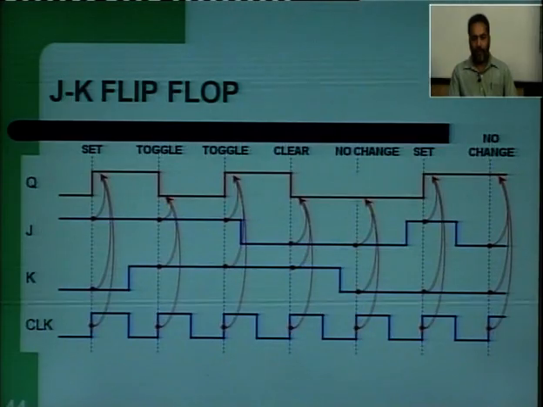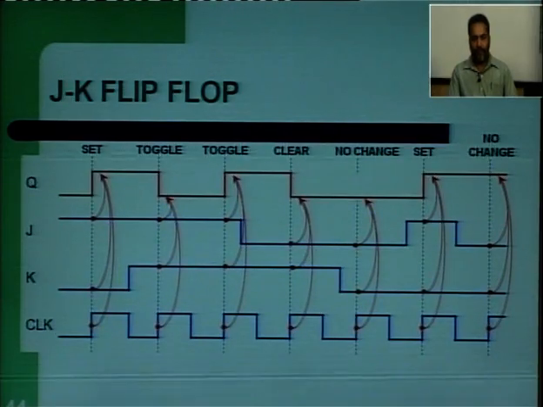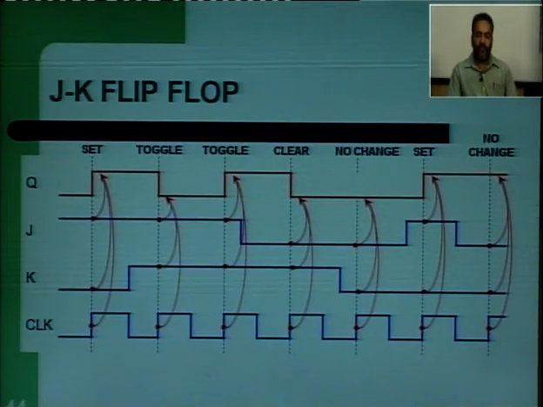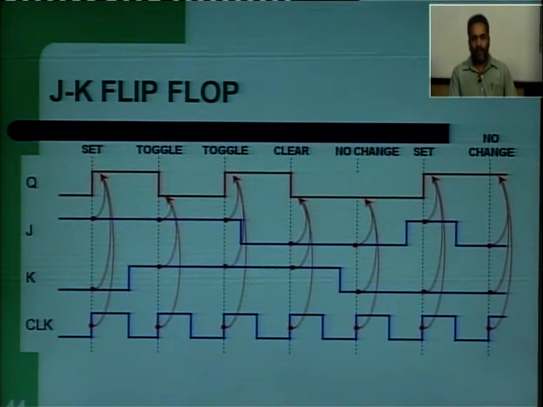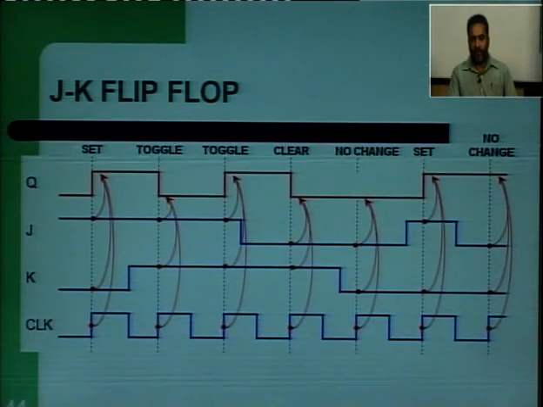At the fourth rising edge, K is 1 and J is 0, which means the flip flop is in clear. Clear means it will go from 1 to 0, that is, reset condition. At the next point, both J and K are 0, which means previous state, so there is no change in the state. The previous state is 0, so it will remain 0 until the next clock pulse.